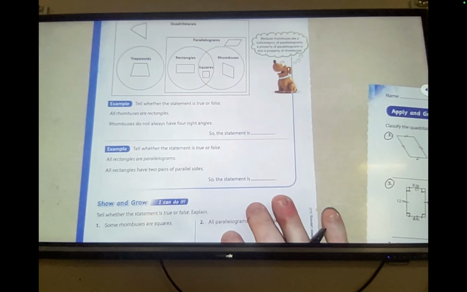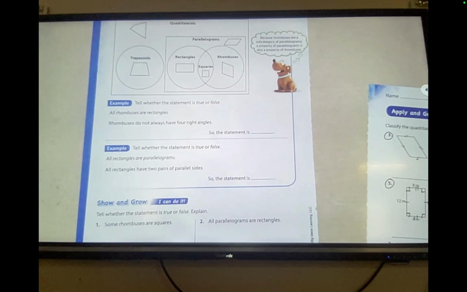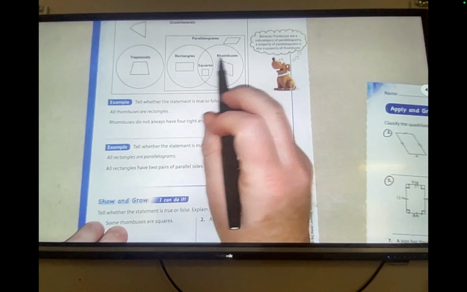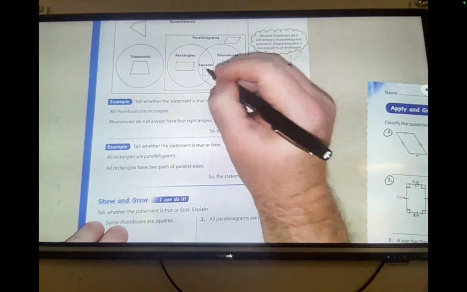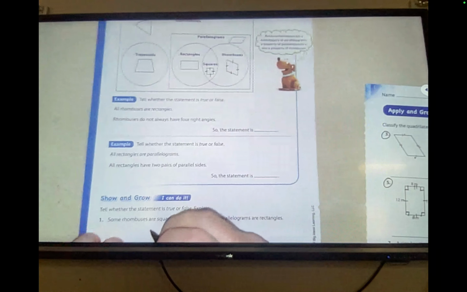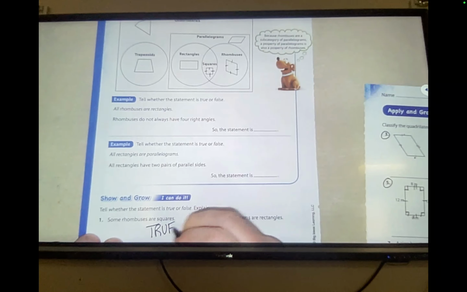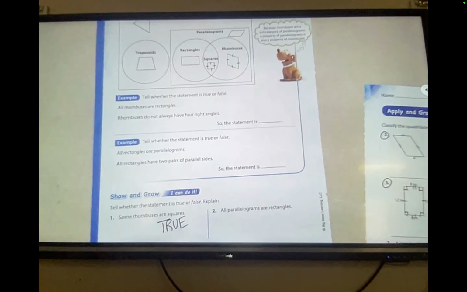The first question, number 1, says some rhombuses are squares. Well, are rhombuses and squares related? They are, because they have 4 equal sides. So we're going to say true. The main difference is a rhombus doesn't have to have 4 right angles, but it can.